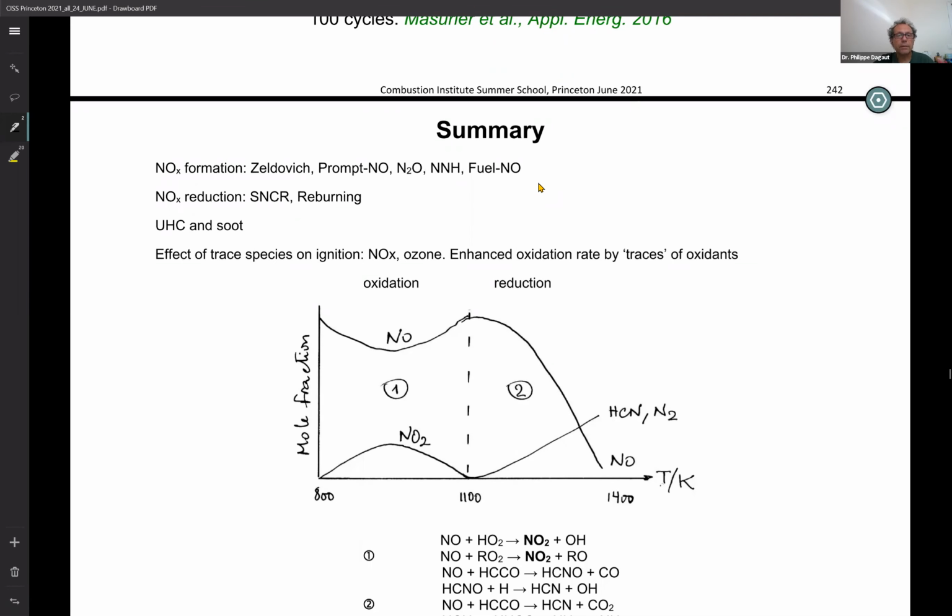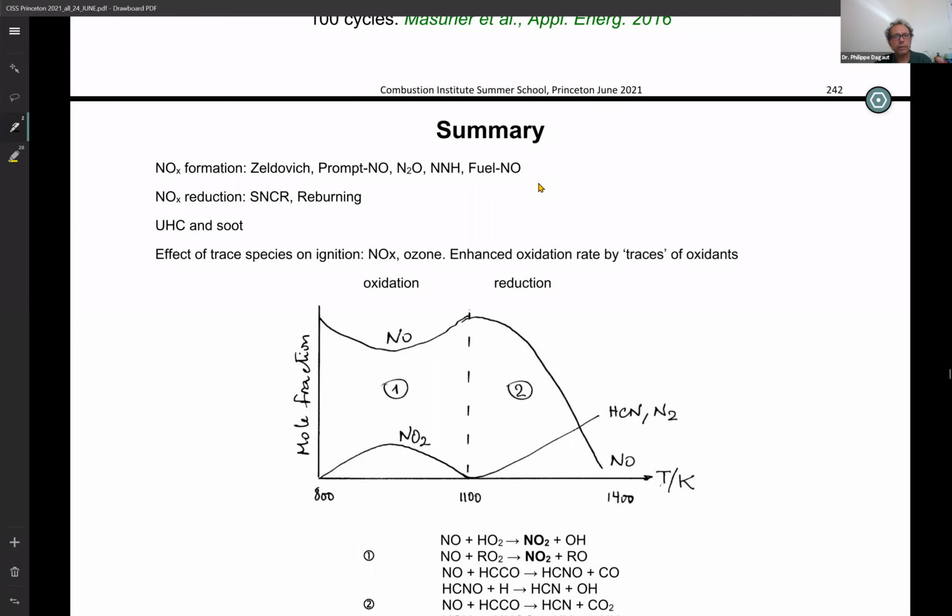But during this process, you are forming undesired species like HCN that you don't want to send to the atmosphere. Then you have a third stage where you introduce additional air to burn these intermediates, which have not been transformed into molecular nitrogen.